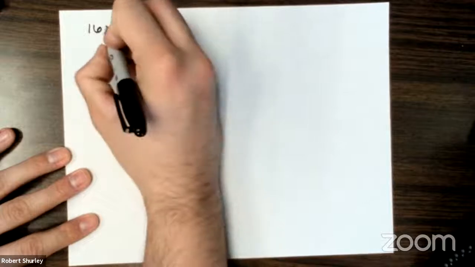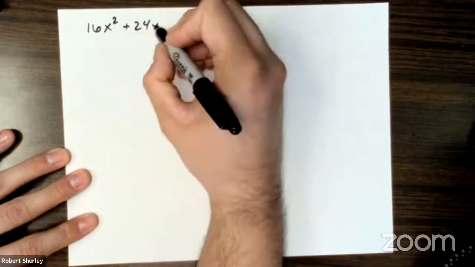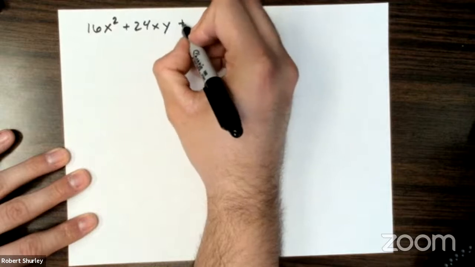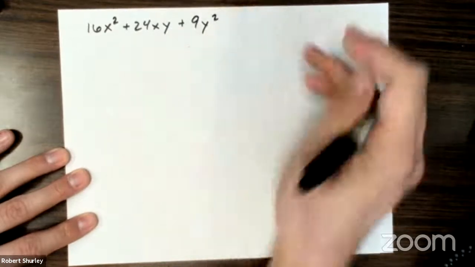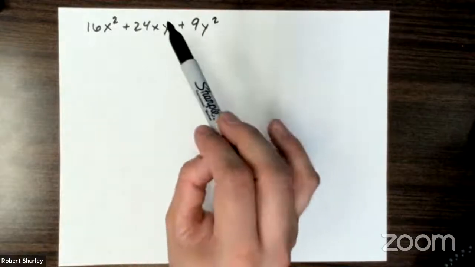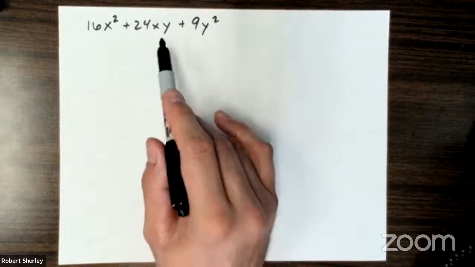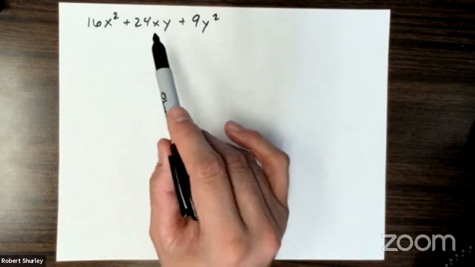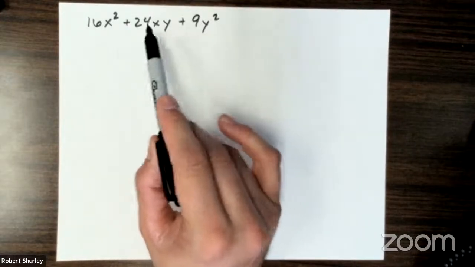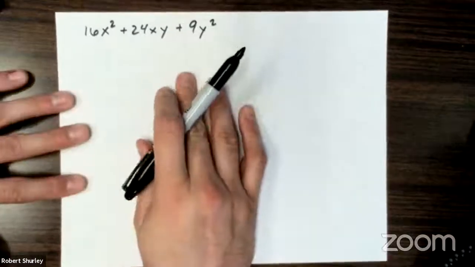This is 16x squared plus 24xy plus 9y squared. Oh my gosh, these are bigger numbers. But now notice we've got two different variables going on in this one, and that's not a big deal. We just have to be consistent. So when we split apart this 24, we're going to keep the xy in both terms, because when we add it together, we get the 24xy.